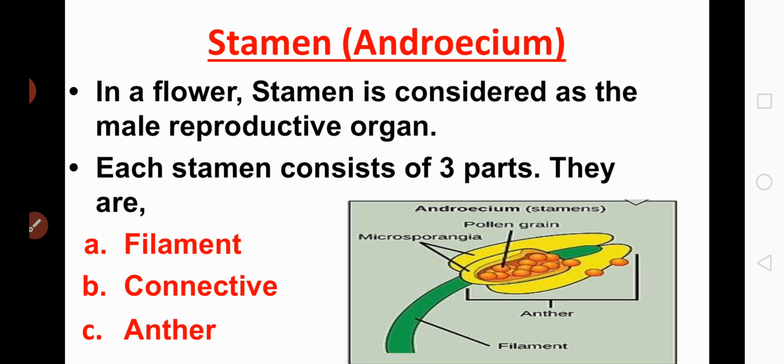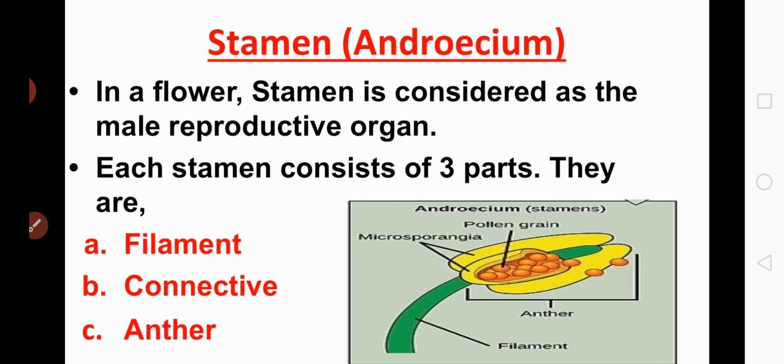Each stamen consists of 3 parts: filament, connective and anther. Once again, each stamen is the male reproductive part of the flower, also called androecium.